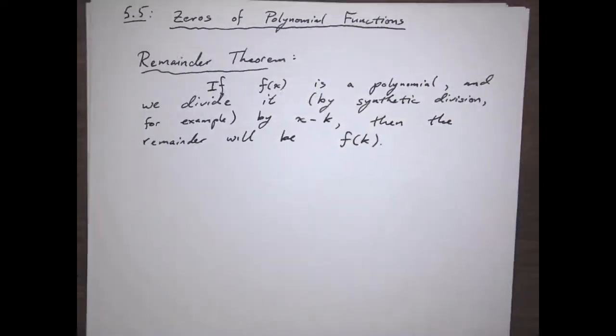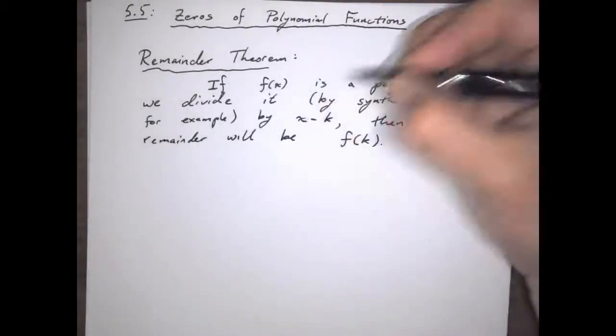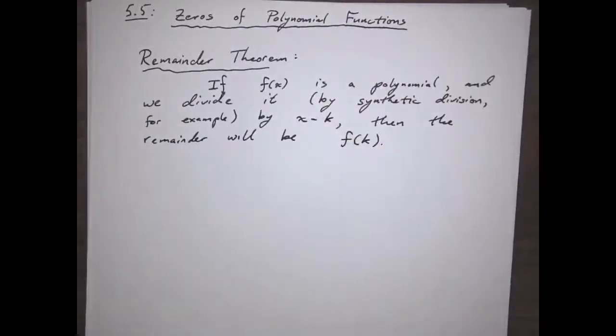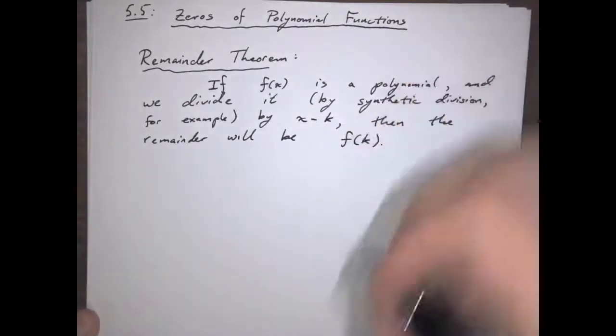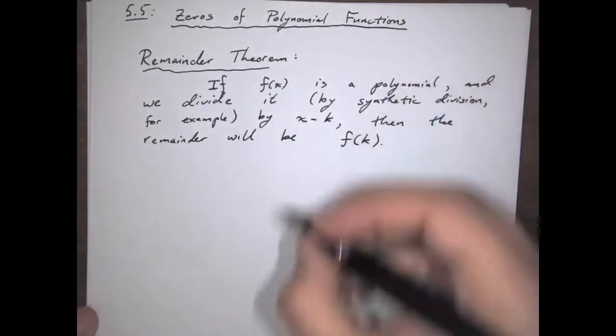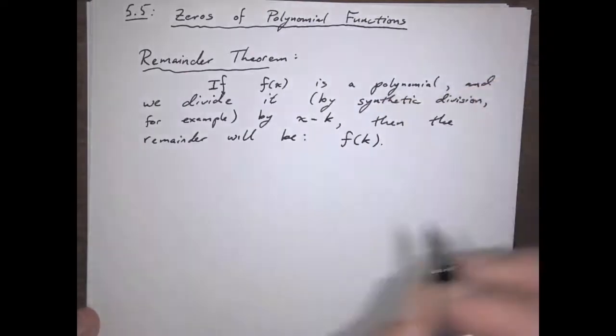So in other words, if we divide it by something of this form, where it's x minus a number, then the remainder will be what you would get if you had plugged that number in. So in other words, it would be evaluating it.